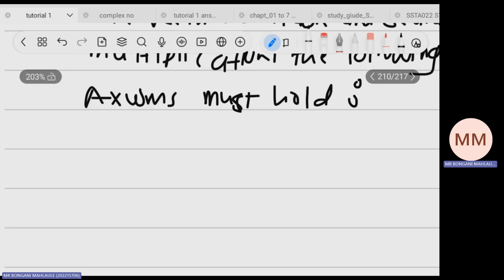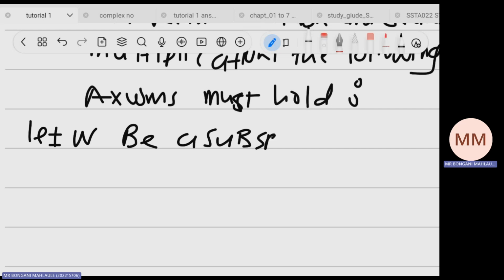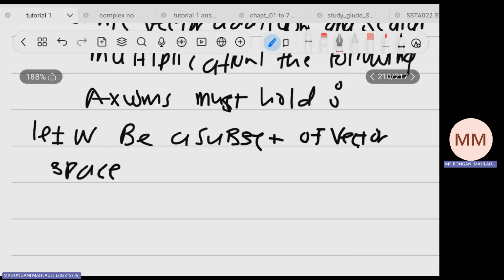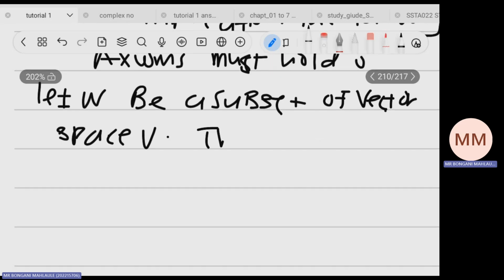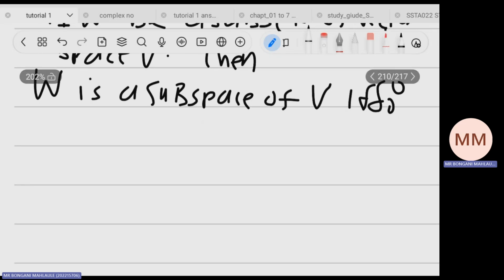The first one is that we're going to say let W be a subset of a vector space V. Then W is a subspace of V if and only if the following axioms hold.